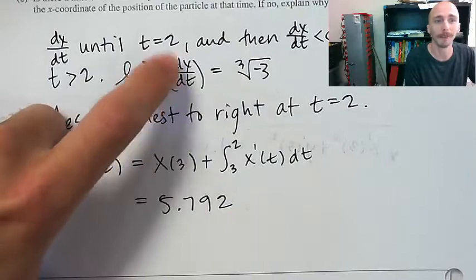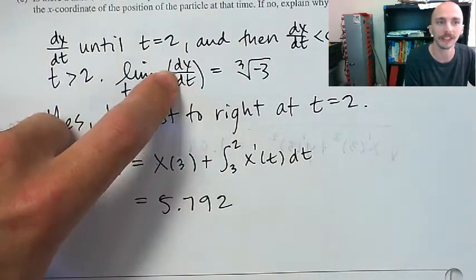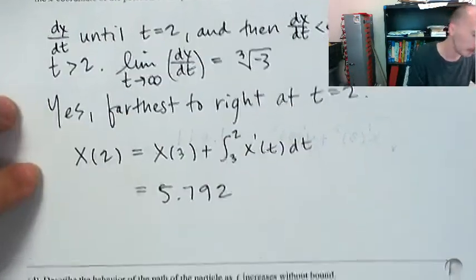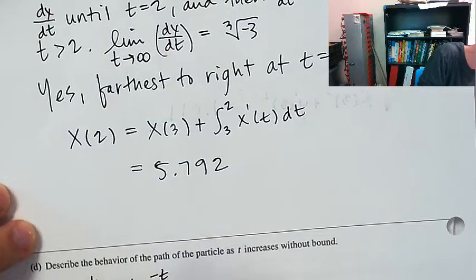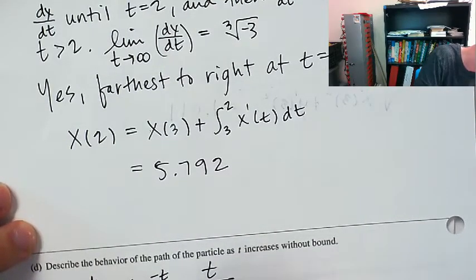Oh, good for me. I found dx/dt has a finite limit. Let's look at dy/dt. That's equal to t e to the -t, which I could also write as t over e to the t, right?